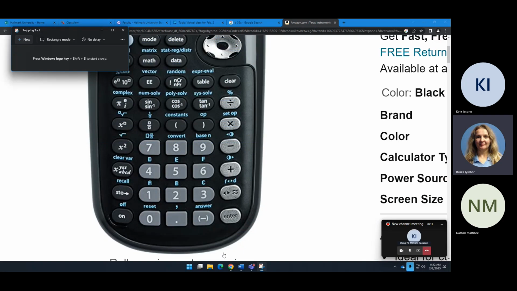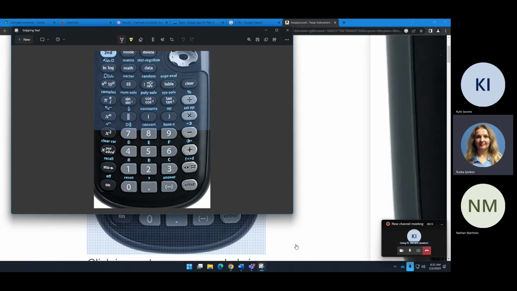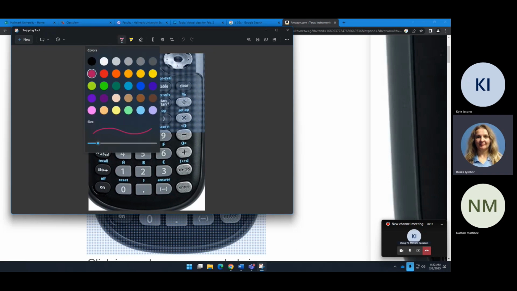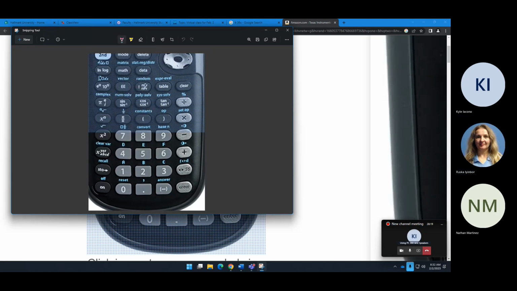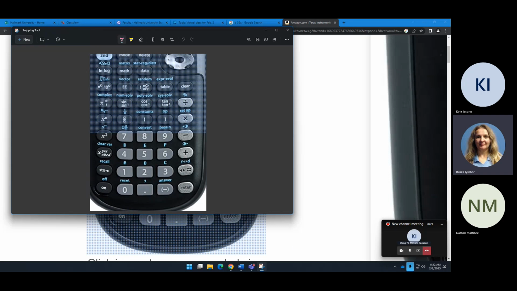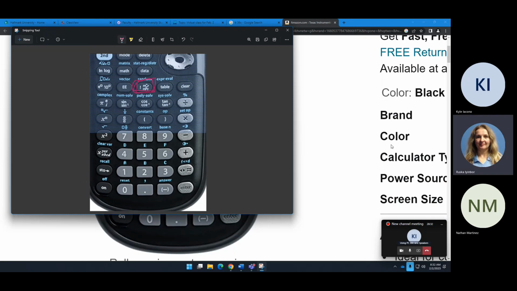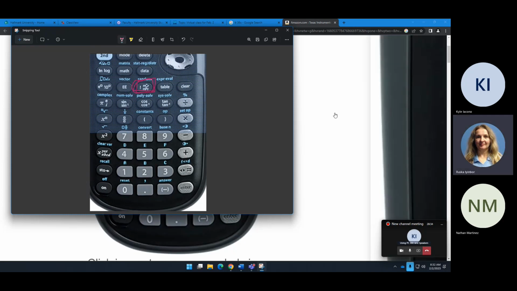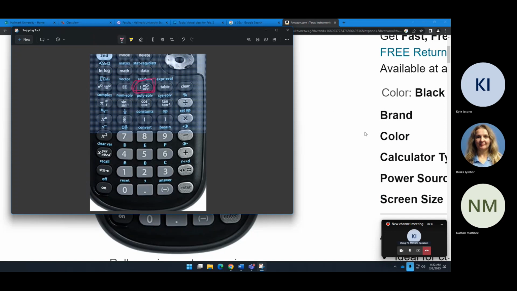So this is your calculator, and I'm just going to point right here. This is where you're going to enter. This one over here. Everybody see that? This is the exclamation point. It's kind of in the middle, right below data.